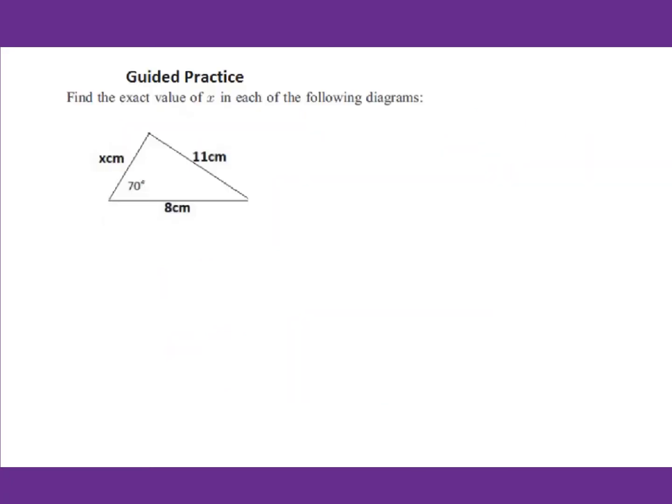Find the exact value of X in each of the following diagrams. First of all, check what's given. It's given 2 sides and an angle. This angle definitely is not an included angle. So we write down A, and we are looking for the remaining side.